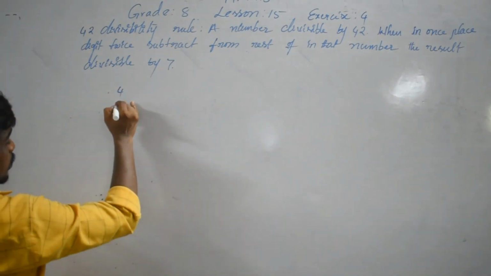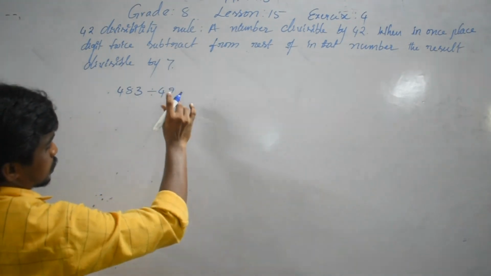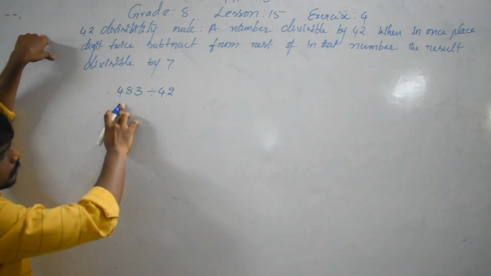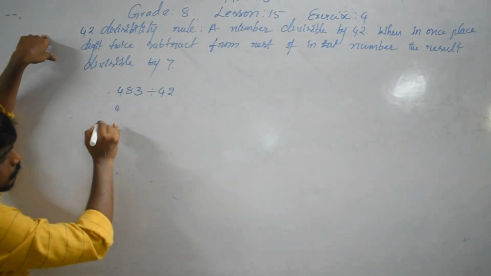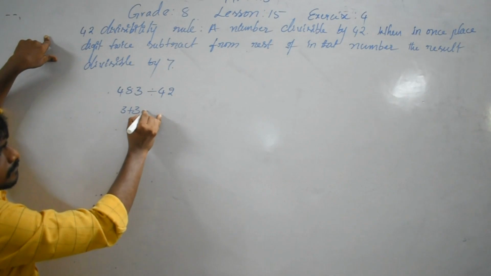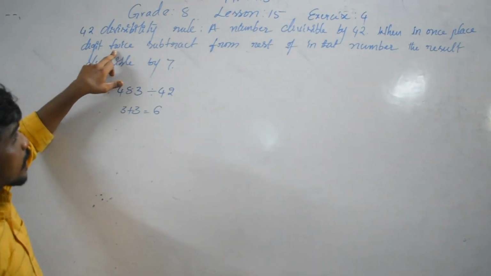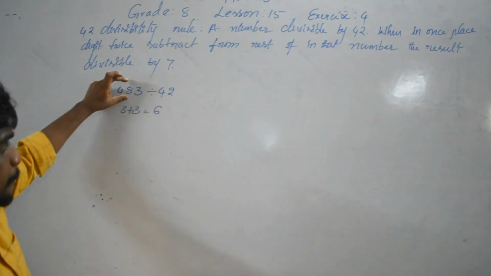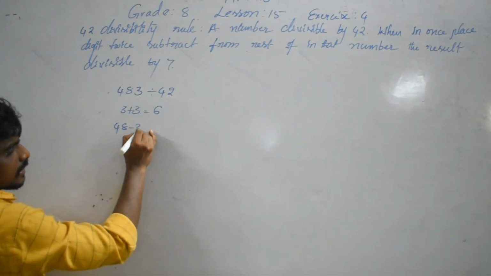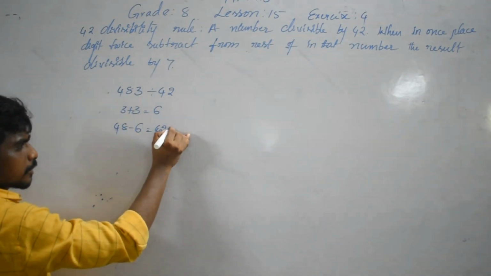So, 483 divided by 42. Here the ones place digit is 3, and 3 plus 3 is 6. Twice the ones place digit, subtract from the rest of the number: 48 minus 6 is 42. Is 42 divisible by 7?